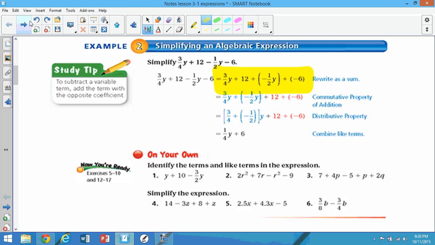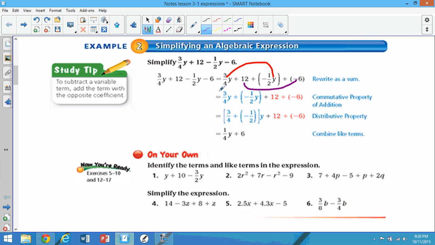Then you combine your like terms. Okay? So when you combine those like terms, you have this y and that y. Those two can go together. And then you have this number and that number. Those two can go together. So 3/4 y plus a negative 1/2 y.